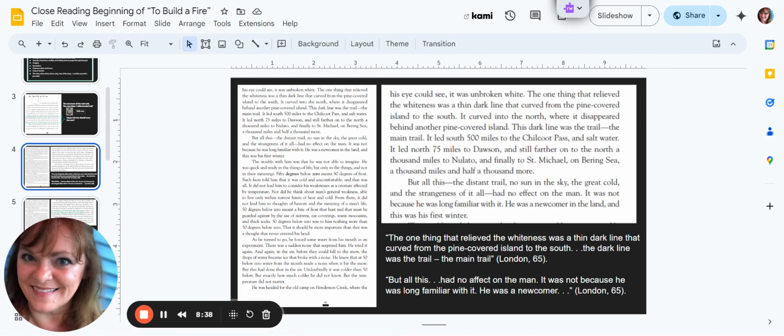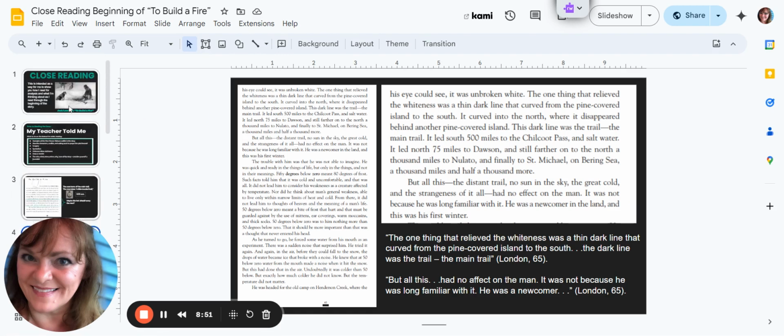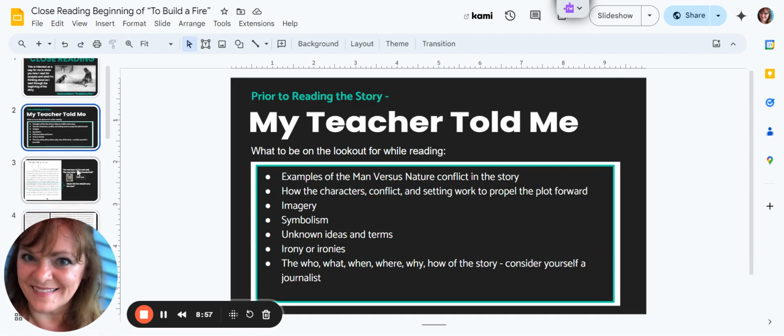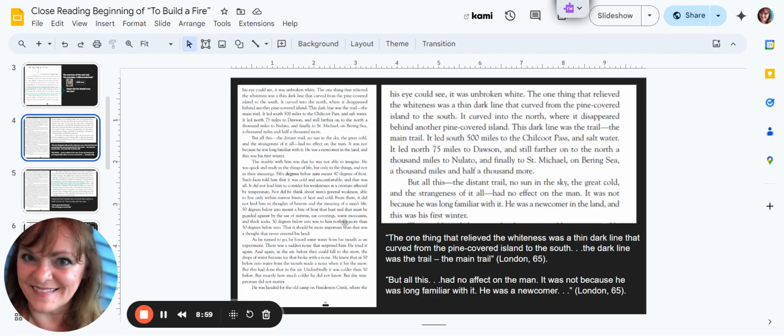Now, what I do when I'm reading for academic purposes, I start taking note of and typing out text evidence for things that I think might come up because my teacher told me to be on the lookout for certain things, right? So I know I might as well start collecting text evidence. And so I just do that as I read.